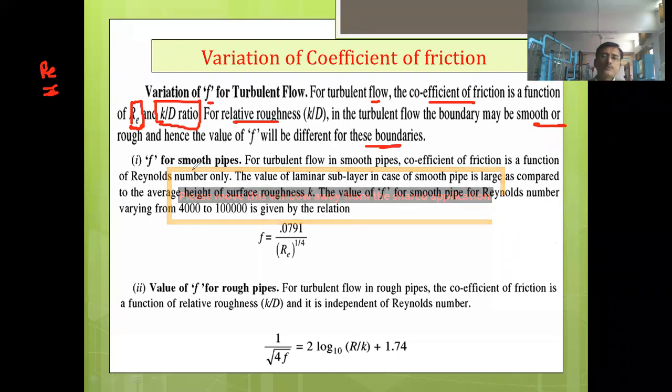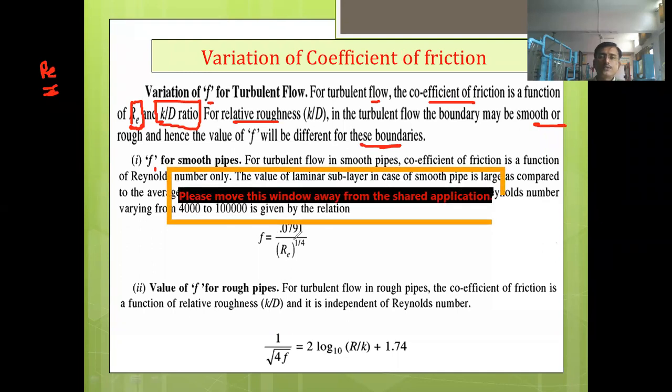f for smooth pipe. Depending upon the type of boundary, smooth boundary or rough boundary, the equation for the f will vary. For the smooth boundary, the equation for the f is given as f is equal to 0.0791 divided by Re raised to 1 by 4.